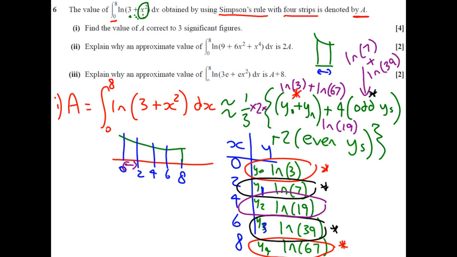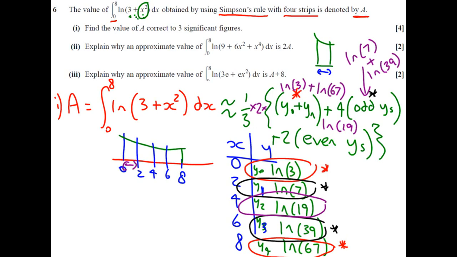Plus 4 times, and then you need more brackets. Odd-wise, so that's going to be ln 7 plus ln 39. Close your brackets. Plus 2 times, and then brackets, and there's only one here, ln 19. Don't forget to close your big brackets.